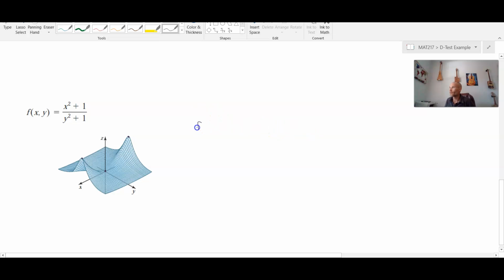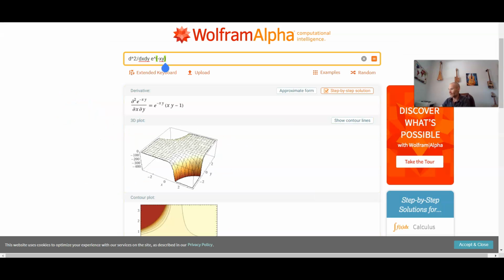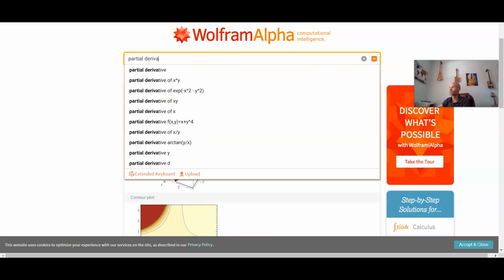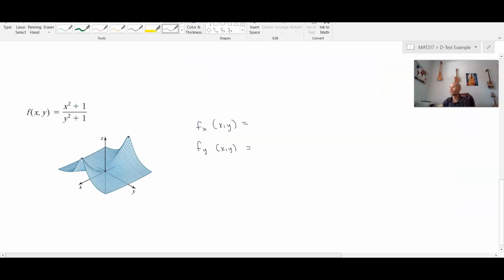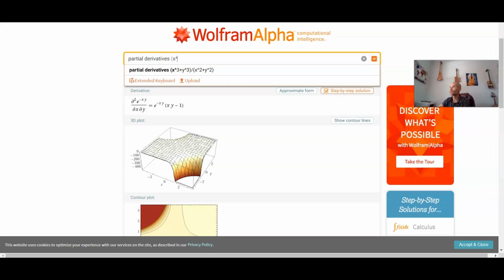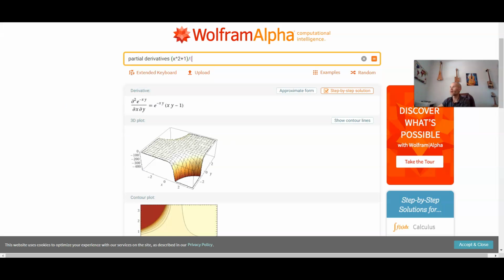So the first thing we need are the partial derivatives of this, and we're going to obtain those by using Wolfram Alpha. So we need to plug this equation in. So we'll have partial derivatives of x squared plus 1 divided by y squared plus 1. And this time I decided to omit the f of xy.